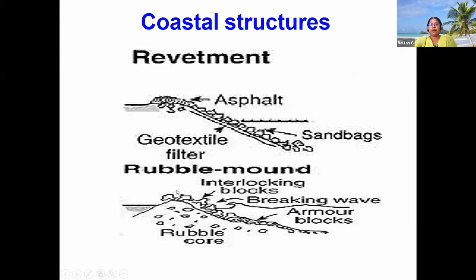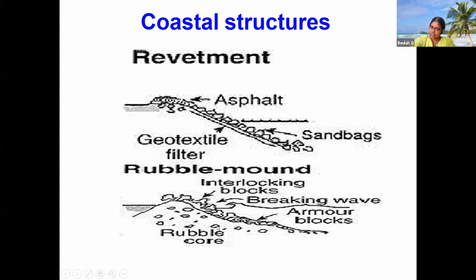Secondly, you have the rubble mound type of arrangement in which you have interlocking blocks and breaking wave currents. Here you can see the armor blocks. This is one type of arrangement of revetments. This is another type, in which you have the armor block placed here and the rubble core, which is natural strata.